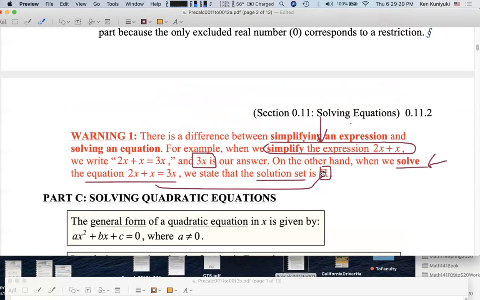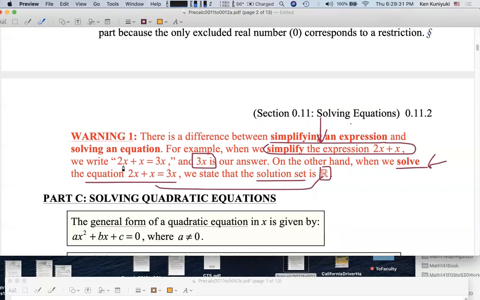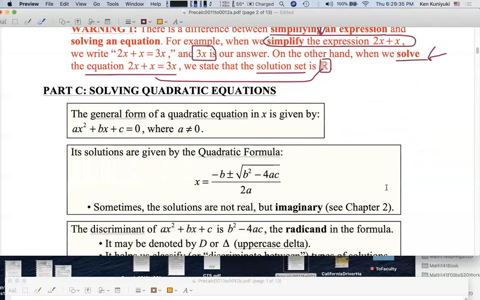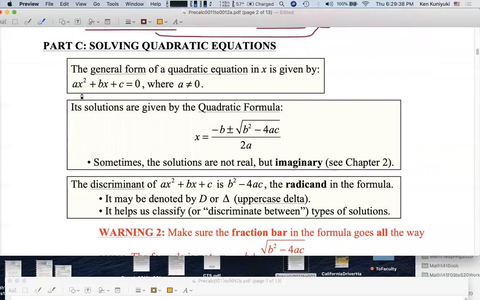So far, we've been looking at linear equations, where we didn't have x squared or x cubed or anything like that. Well, how do we solve quadratic equations? Equations that can be written in the form ax squared plus bx plus c equals 0, where a is non-zero and a, b, and c are real coefficients.